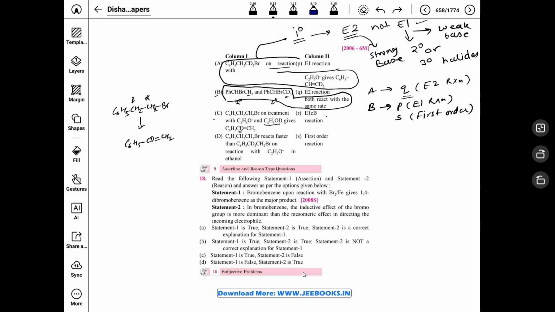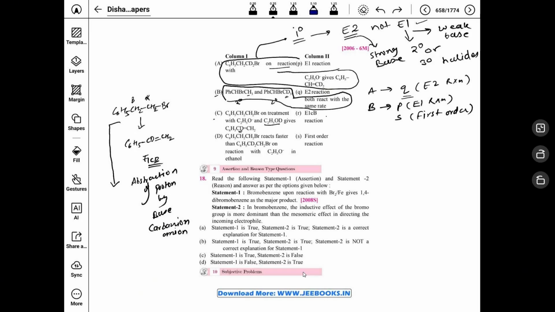So this is possible only when the reaction is following E1CB mechanism, because in this reaction the mechanism will be, first, the abstraction of proton by base to give the carbanion, which is a conjugate base, and that's why the reaction name is E1CB.